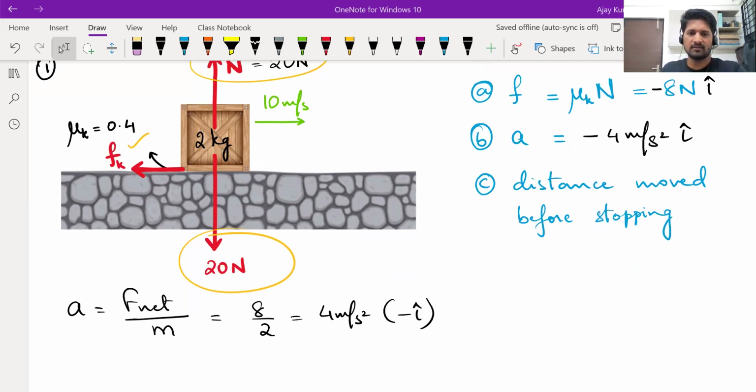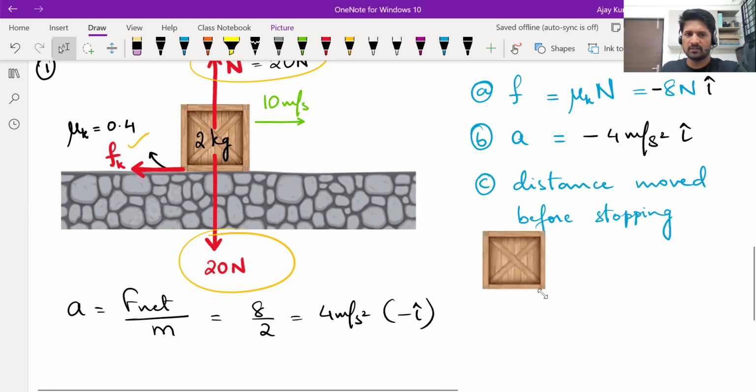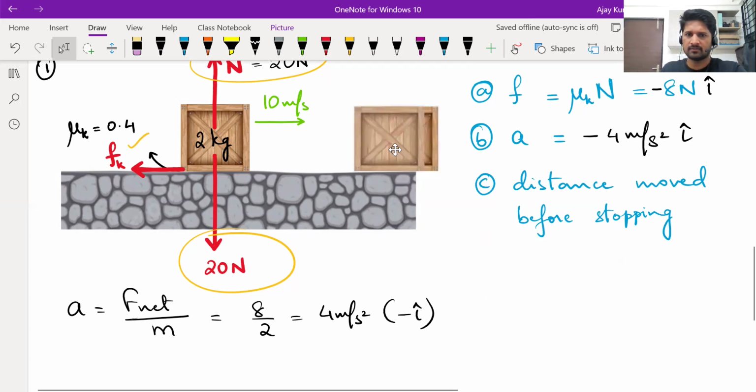Sir, I'm not sure. Fine. Vanilla, can you tell how to calculate the stopping distance of this block? V square minus U square equal to 2AS, sir. Favorite equation. Okay. How do you justify that?